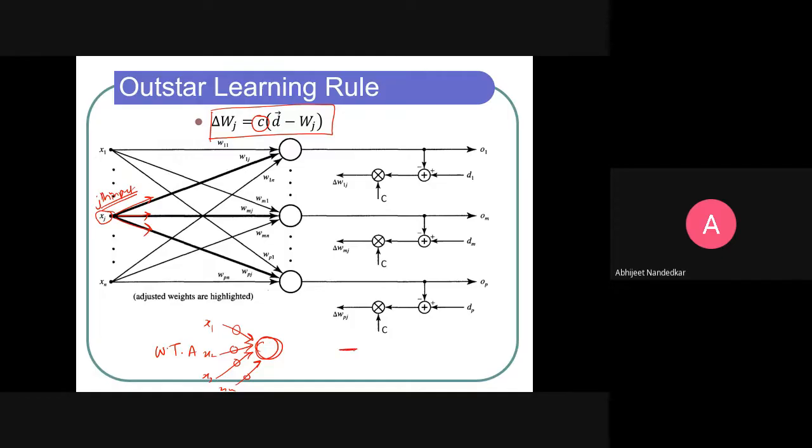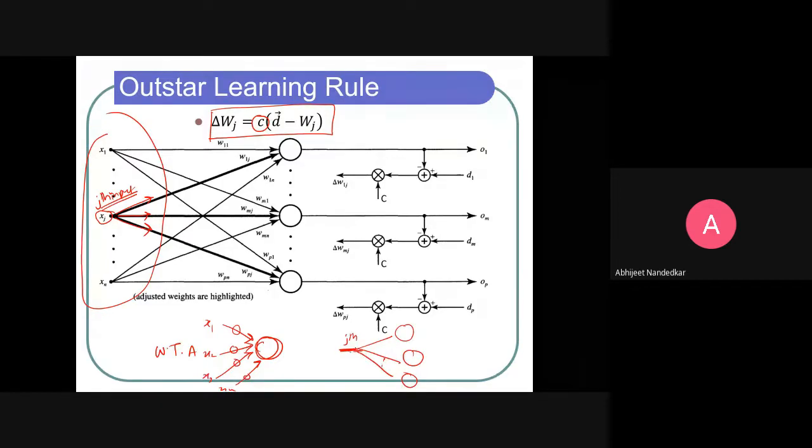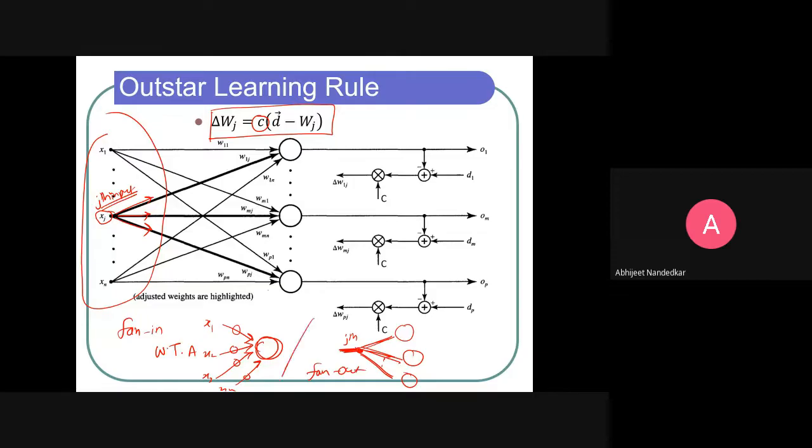You have some winning node here, which is the jth node from this layer, and there are connections going to different neurons from this jth node, and the associated weights, which are connected to different neurons, are getting updated. So this is the fan-in situation and this is the fan-out situation. So you can make a separation of these two.